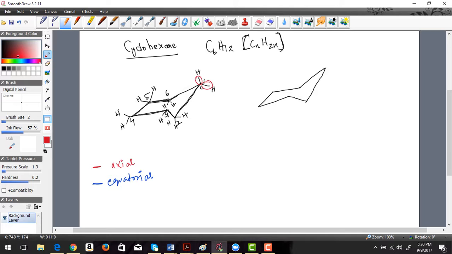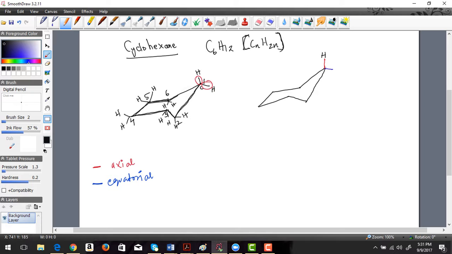Okay, so let me draw all the axial. So this is axial, and this is equatorial. We have 2 hydrogens, right? I'm going to draw them in black so you can get this.